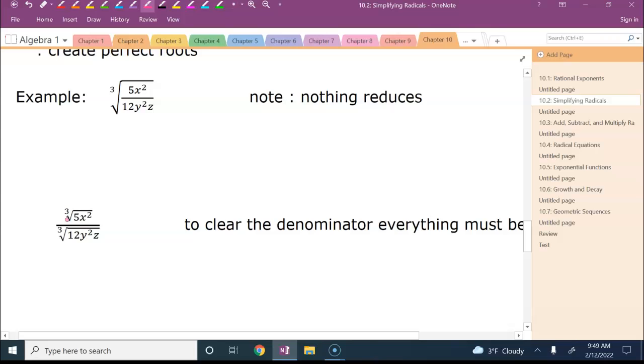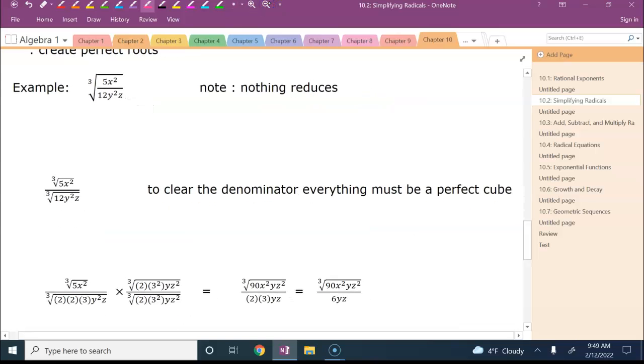The problem is that when you're dealing with fractions, you cannot leave a radical sign in the denominator. You have to have the bottom be radical free, so it can't have a square root sign or a cube root sign or anything like that. So in order to clear the denominator, we have to somehow get all of these terms in the bottom to become perfect cubes.